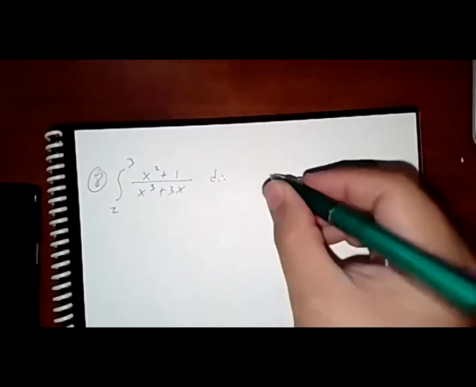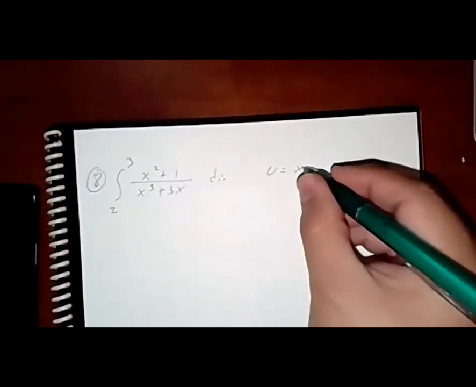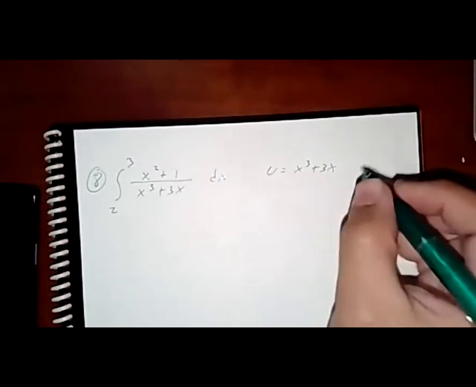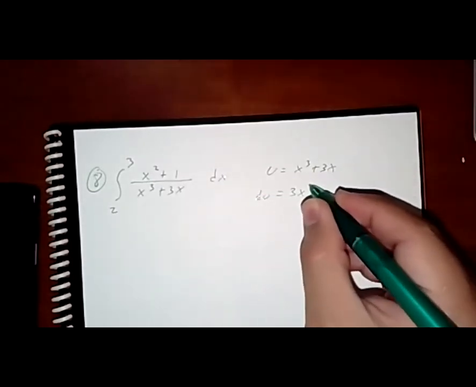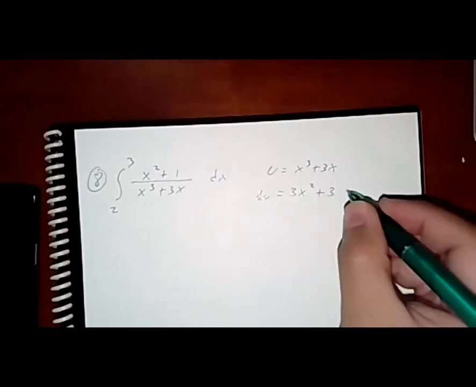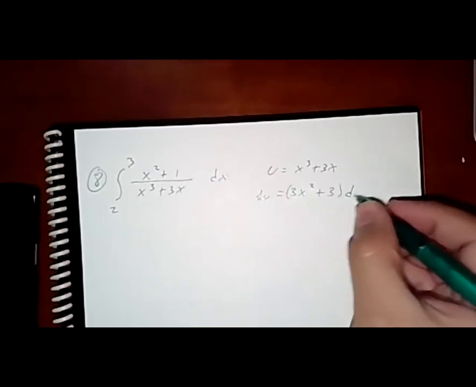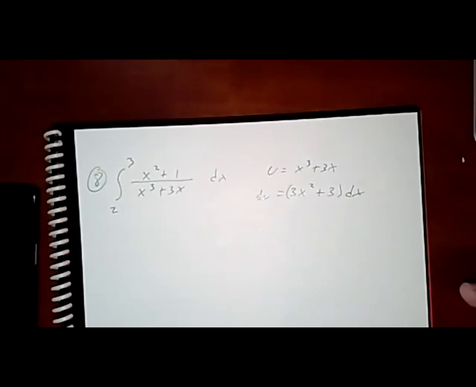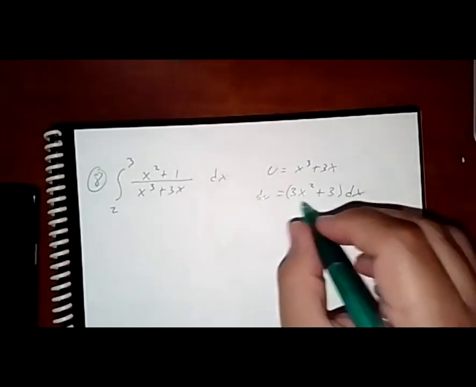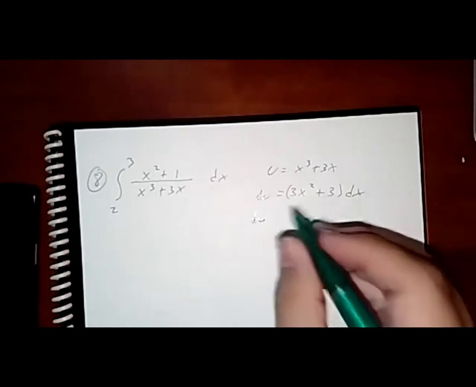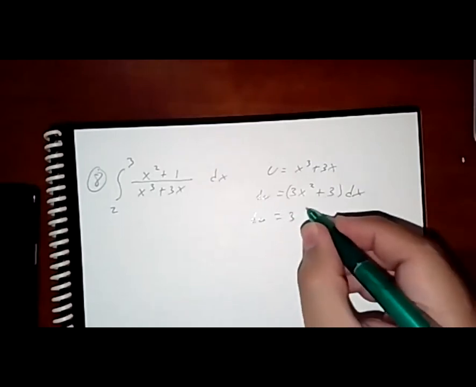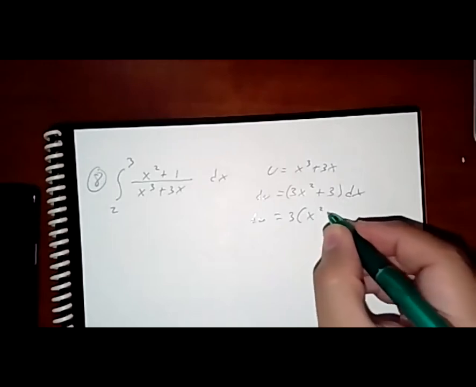Okay, it looks like I should let the bottom be u, because it's on the bottom and it's a higher power, so those are two hints why I chose it. I do not have a 3x squared plus 3 on top, but we can factor out 3.